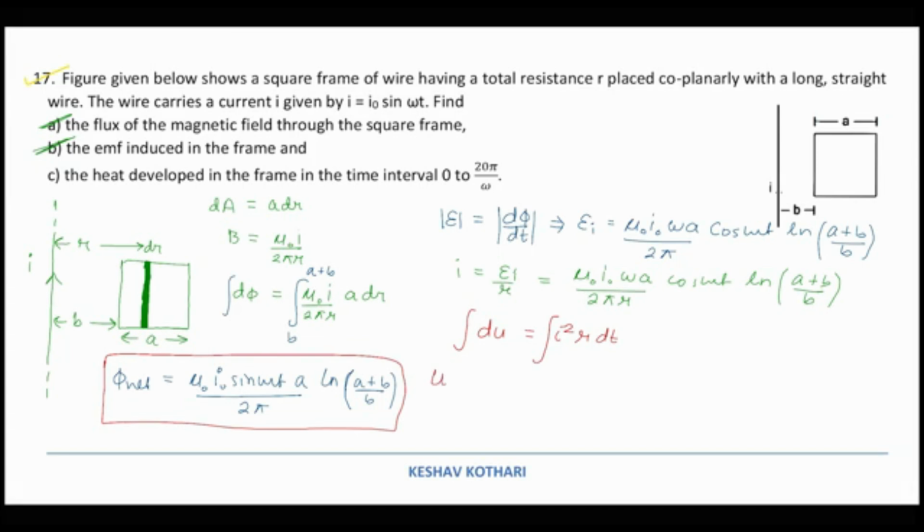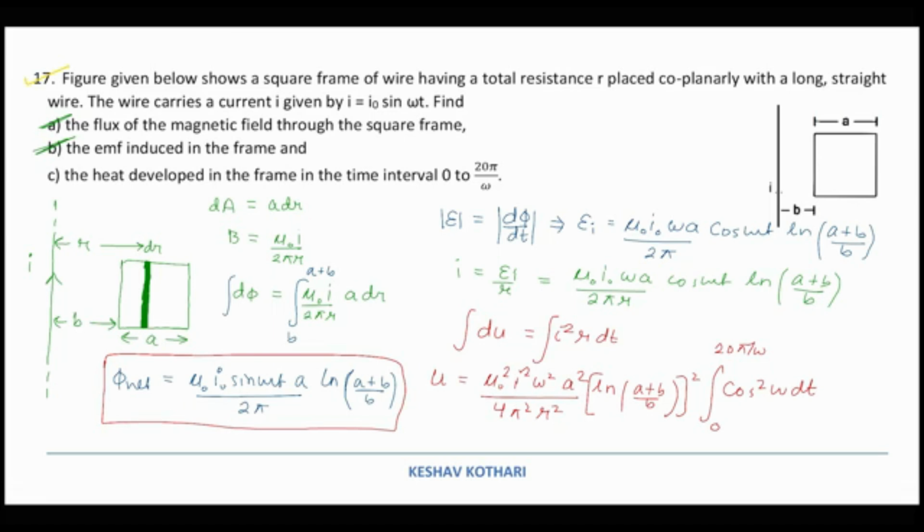So the value of heat energy will come out as follows, with all this expression of I square r. If we make I square, the expression will be mu naught square I naught square omega square a square upon 4 pi square r square, ln of a plus b by b, whole square, and we are left with the integration of cos square omega t dt from 0 to 20 pi by omega.